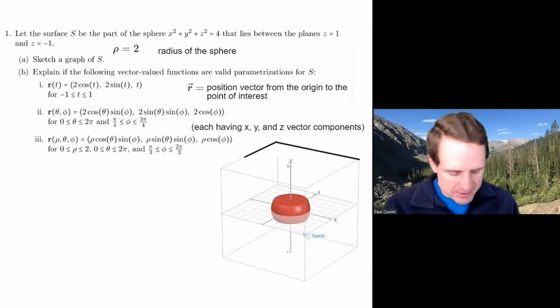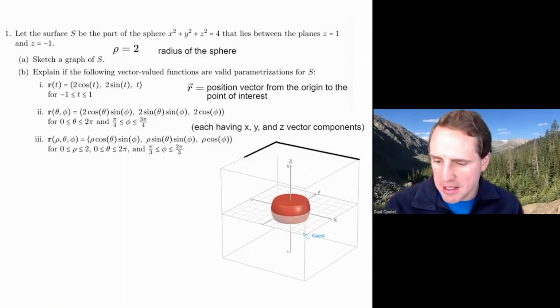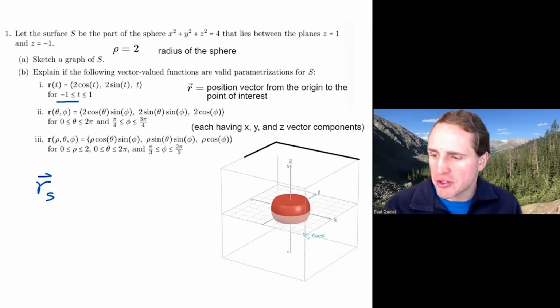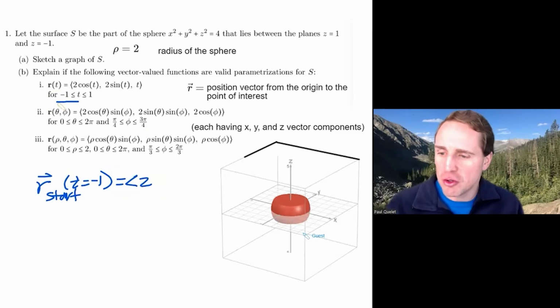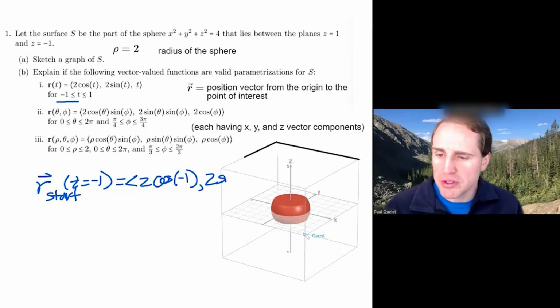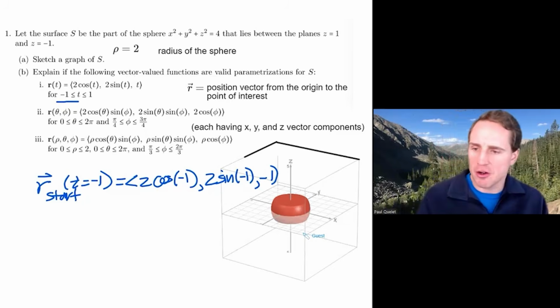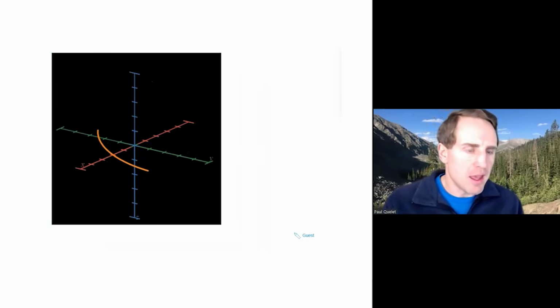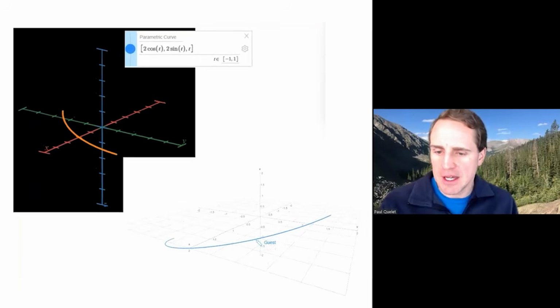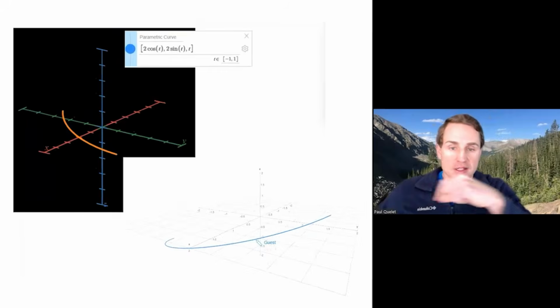So what I'm saying is, if you plug in, let's say t equals -1, so you have r at the start, you're going to get 2 cosine of -1, comma, 2 sine -1, and then -1. From the space curve plotter, it looks like this, and then for the parametric curve, it looks like this. So you can just see that it's a space curve. It's still in 3 dimensions, but it's just simply a curve.